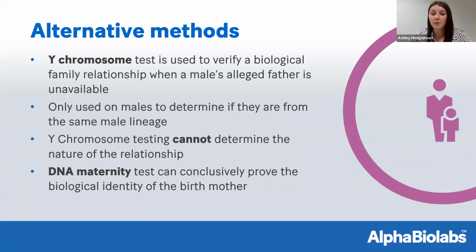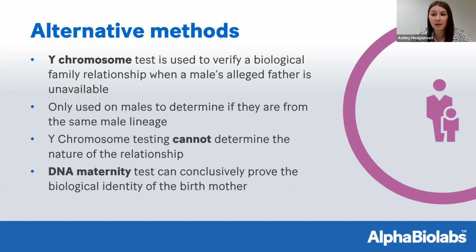The other type of test, which we do get quite a few requests for, is a Y chromosome test. This is not testing a direct relationship, and it's really important that I point that out. This type of test is to see whether two males share the same Y chromosome, so the same paternal line. If you have, for instance, a child who has a male cousin, and they are only linked through the male line, so the child's father and the potential cousin's father are brothers, they have the same father, then this test could be useful to show that they come from the same paternal line.